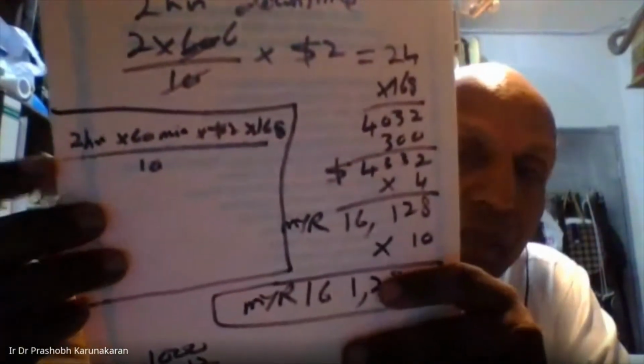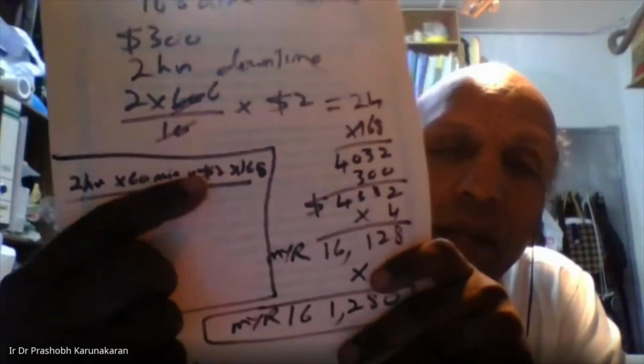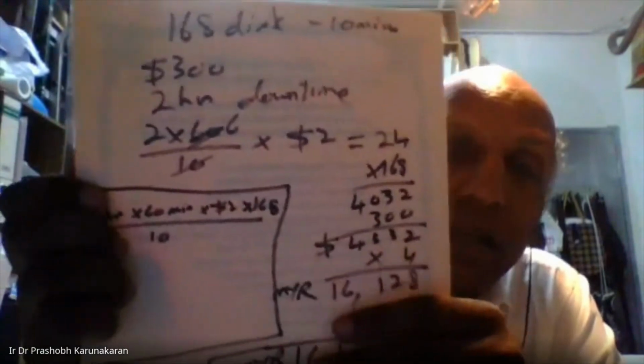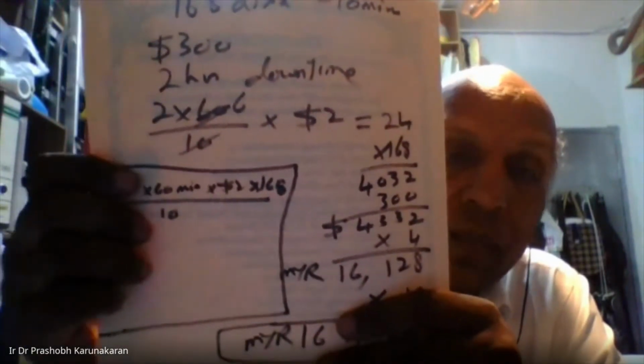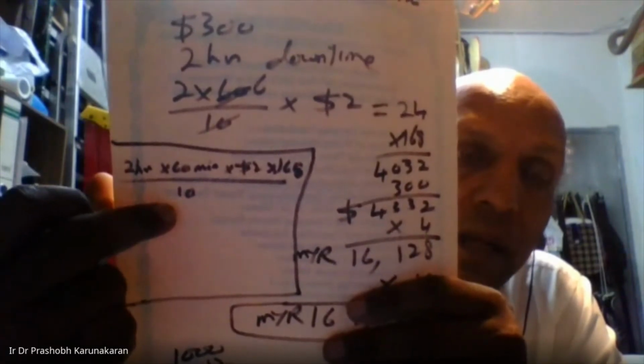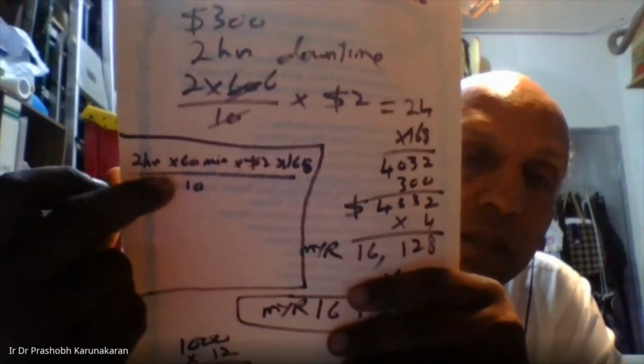Okay, you can put it like this also, can be easier. There's 2 hours of downtime times 60 minutes per hour times $2 American dollars for one disc times 168 discs per cycle, and every 10 minutes there's one cycle.